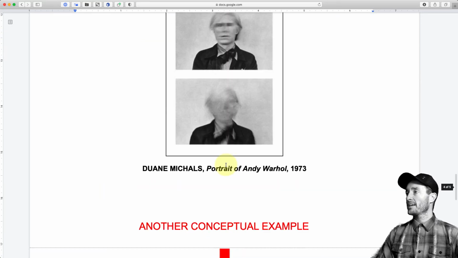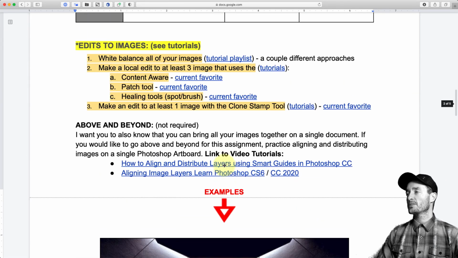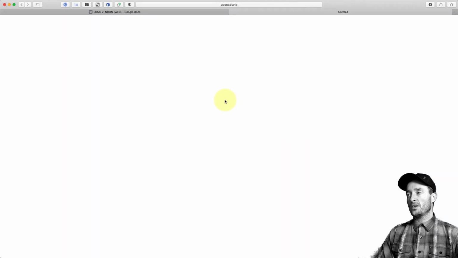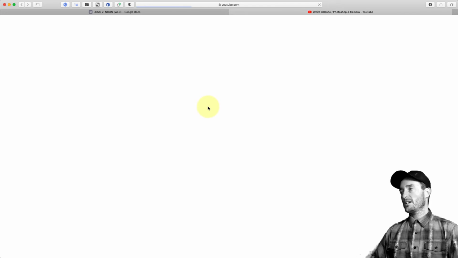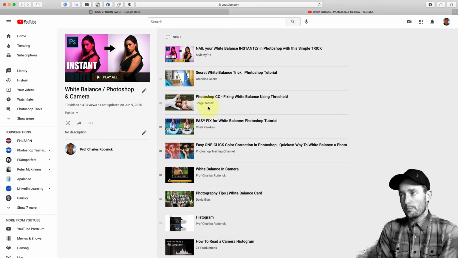Okay, now coming back, let me go through some of the technical stuff here. I'm just going to show you what these links go to. If I go to this YouTube tutorial for white balancing, this is going to go over how to white balance.